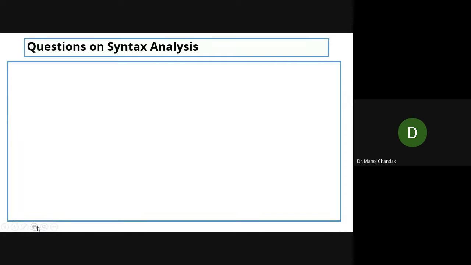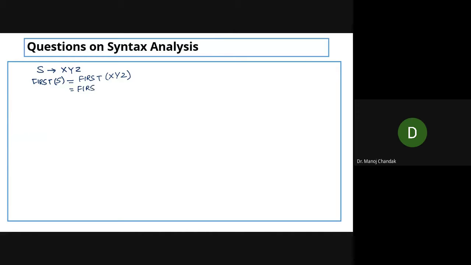So yesterday we discussed first and follow. I think that is clear to you, or if it is not clear, this idea will make things more clear. If you are finding first, generally we take this rule: S derives xyz. So first of S is equal to first of xyz, and this is equal to first of x.